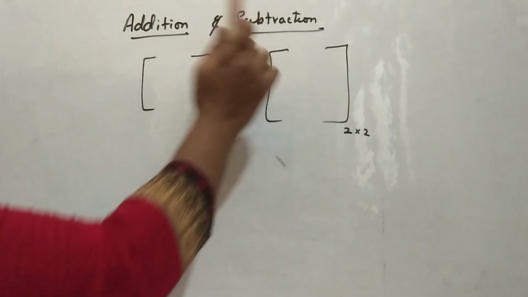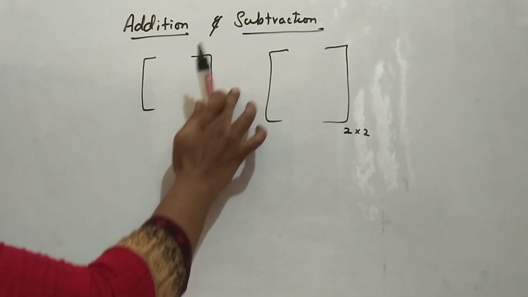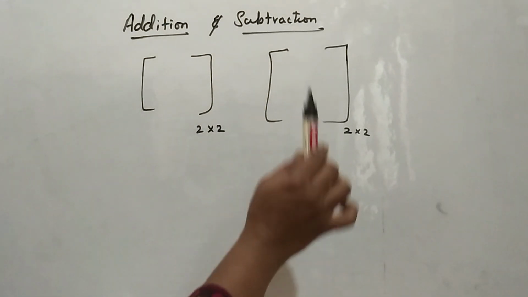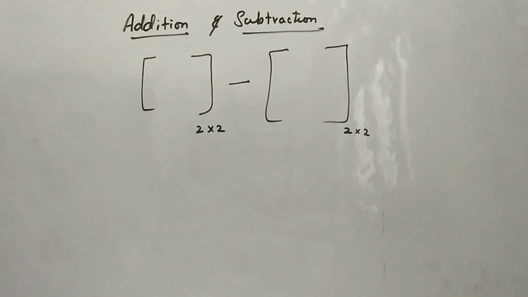Or if you want to do subtraction, then if these two matrices' orders are the same, we can do the subtraction. Clear? For addition and subtraction, we have to see if the order of the matrices is the same; then we can add or subtract.